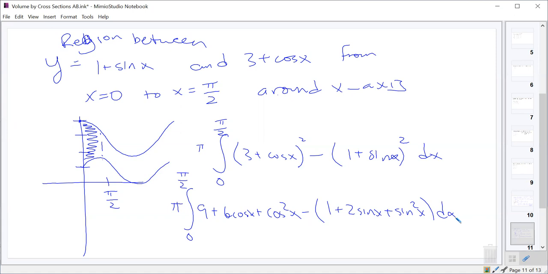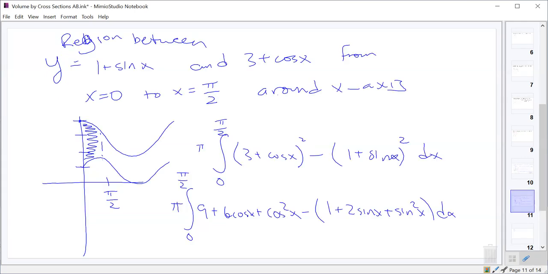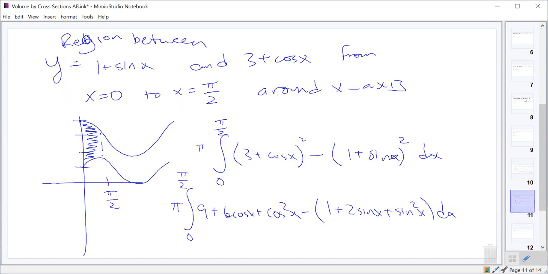Yeah, it might have you do this one. Okay. So then that would give us an 8, right? And we have pi times the integral from 0 to pi over 2 of 8, plus 6 cosine x and a minus 2 sine x. And then we have a cosine squared x minus sine squared x.